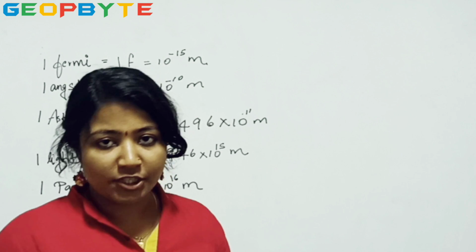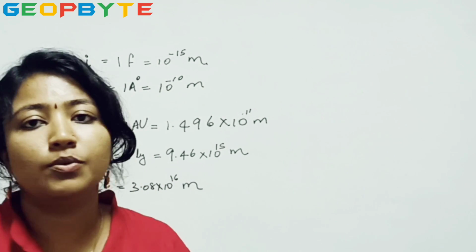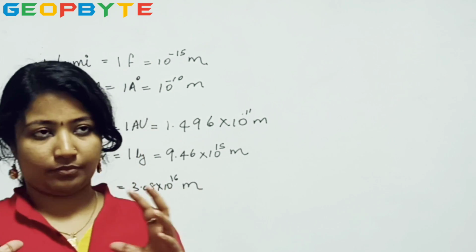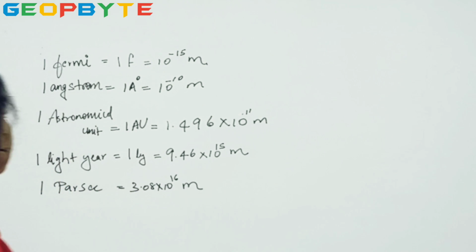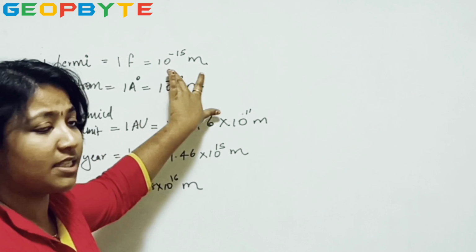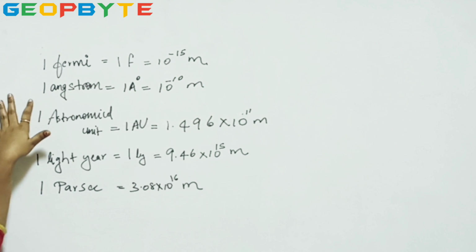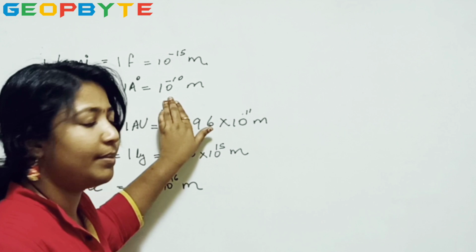There are some special units which we use to represent length, that is Fermi. One Fermi is equal to 10 to the power minus 15 meter. One angstrom is equal to 10 to the power minus 10 meter.